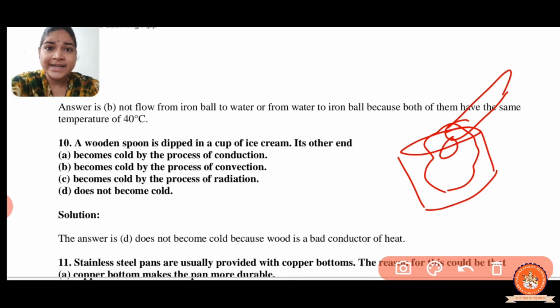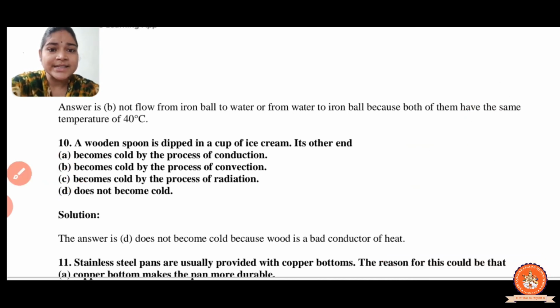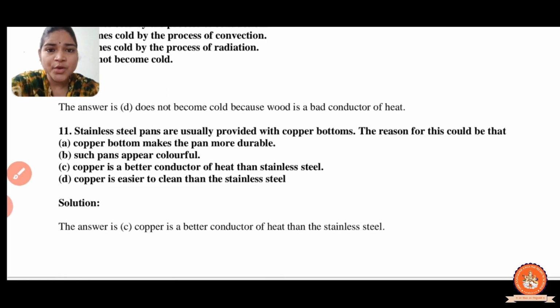Its other end, the options are: becomes cold by the process of conduction, becomes cold by the process of convection, becomes cold by the process of radiation, and does not become cold. Obviously, it does not become cold because wood is a bad conductor of heat. So here the answer is D, does not become cold.